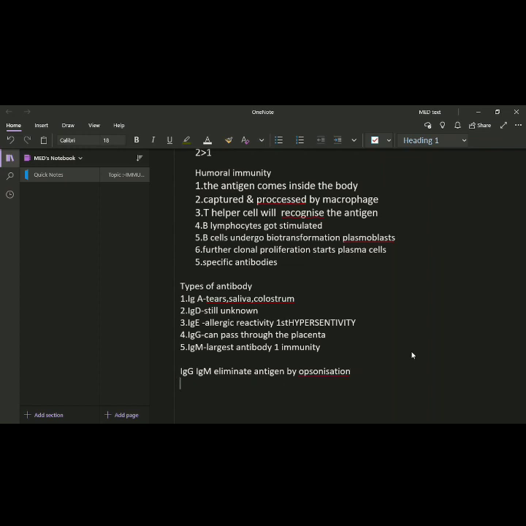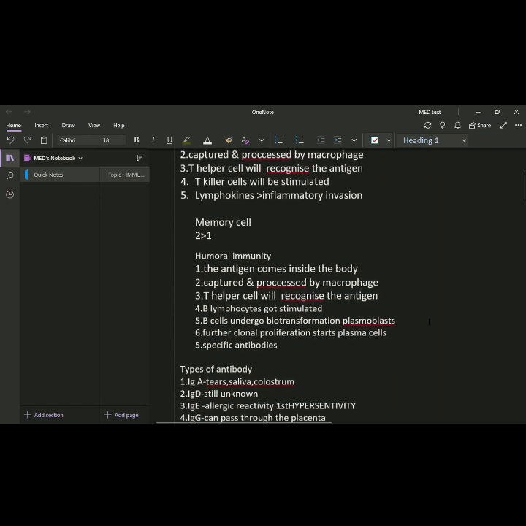When the concentration of these two antibodies in the body increases, it is limited by another type of T lymphocyte called the T suppressor. So we have totally three types of T lymphocytes.